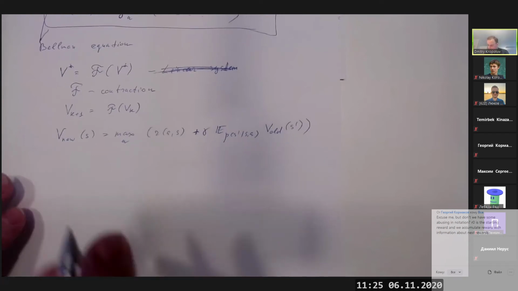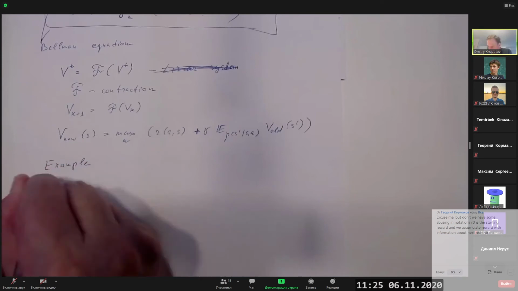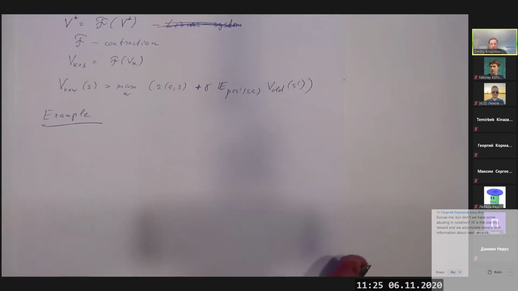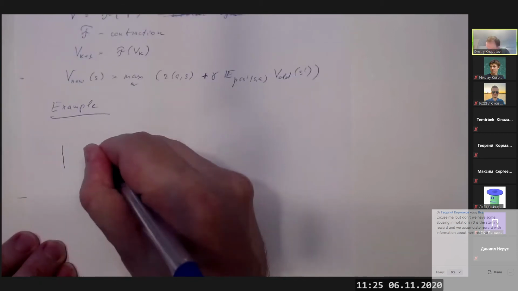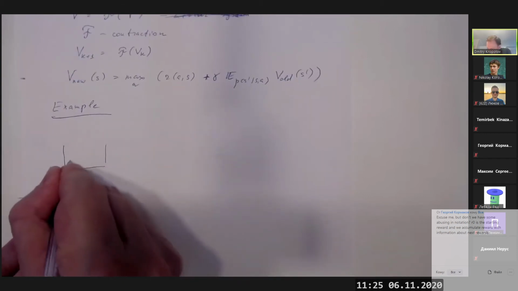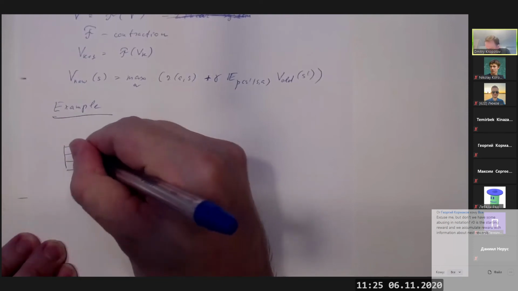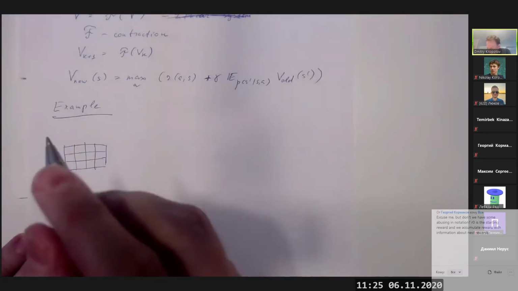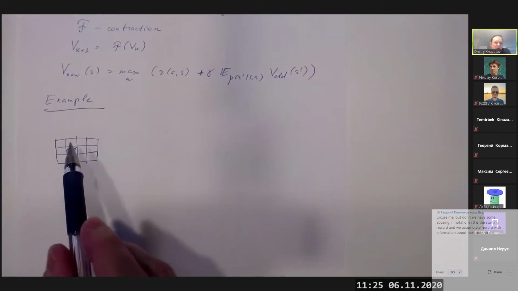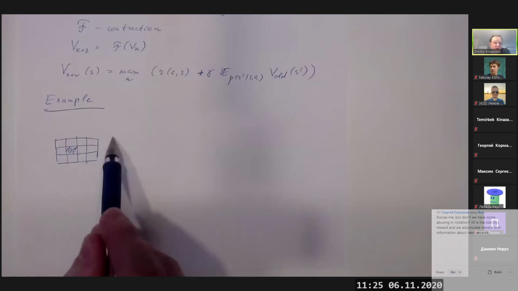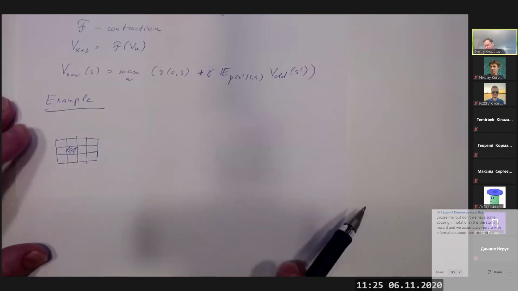Let's consider a simple example of how it actually works. Consider the following simple map. Something like this. So this is some field, and our agent is moving in this field, moving left, right, up, and down.